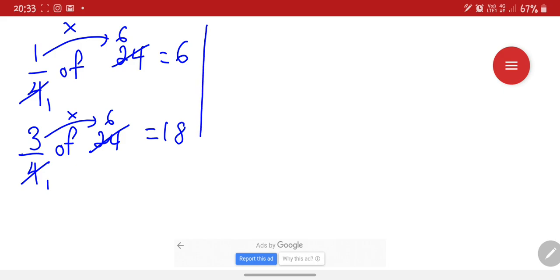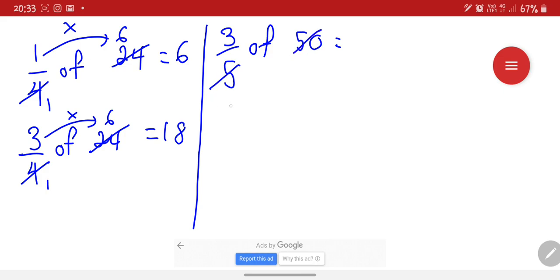Now let's look at another number. All this while, I have been using the denominator as 4. Now let's say we go to another number, 3 out of 5 of 50. Okay, so same, whole number divide the denominator.